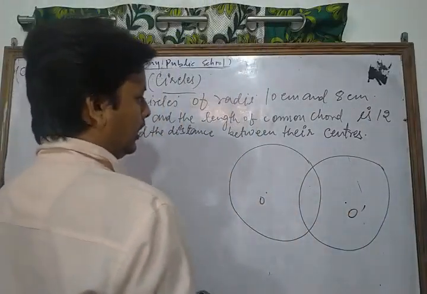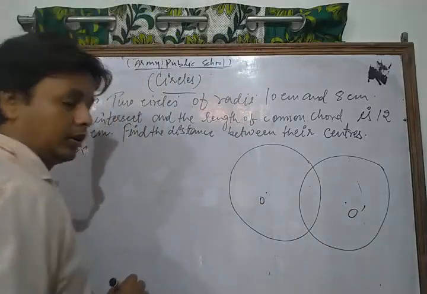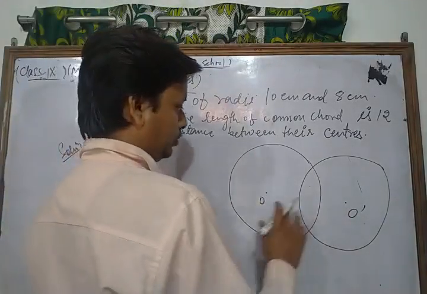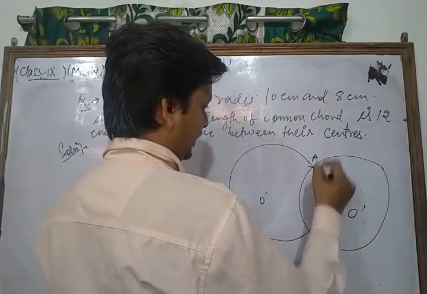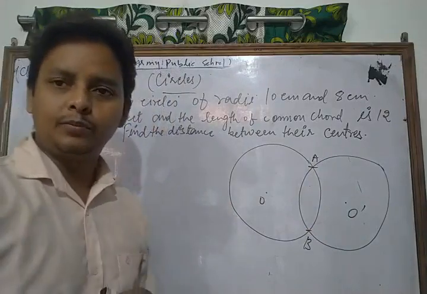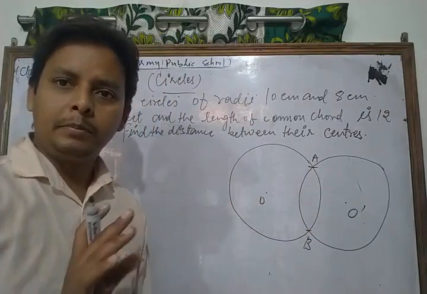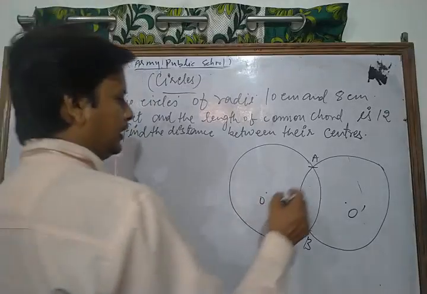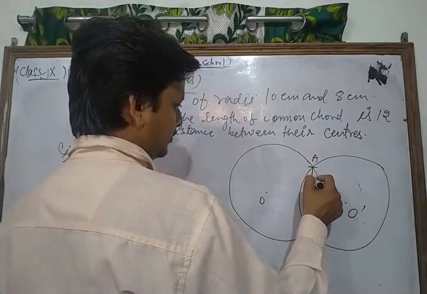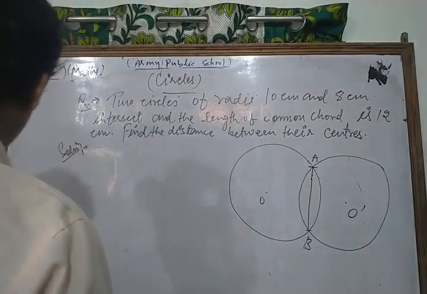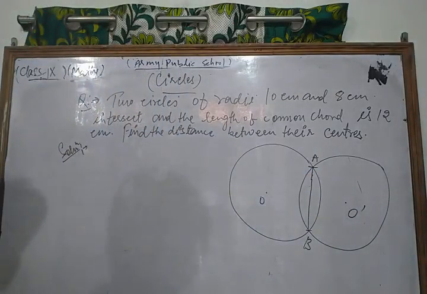Suppose the two circles intersect each other at points A and B respectively. Now we join AB. This is the common chord.